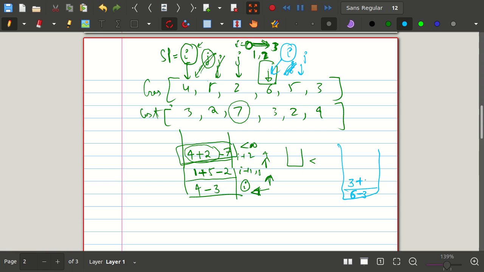I will have gas 5 and cost 2. As this is also positive, I can move to next position with index 6. 3 plus 5 is 8 minus 2 is 6. So I can move to next position.